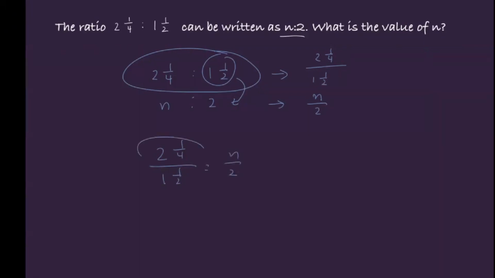So these would equal each other, and we can do cross multiplication. Then we would get 4 2/4 equals 1 1/2 n.